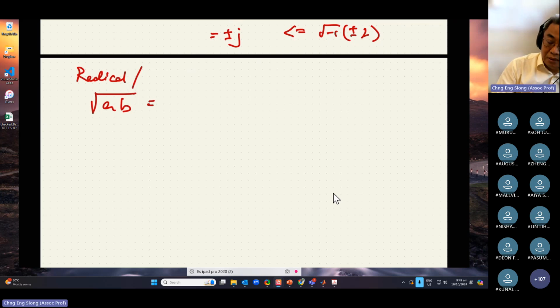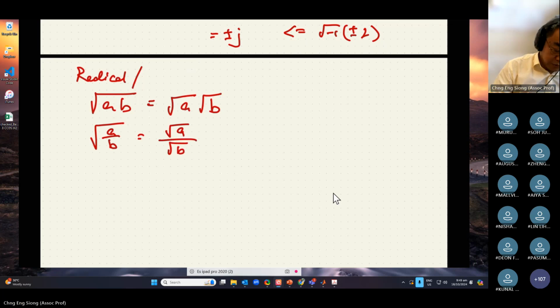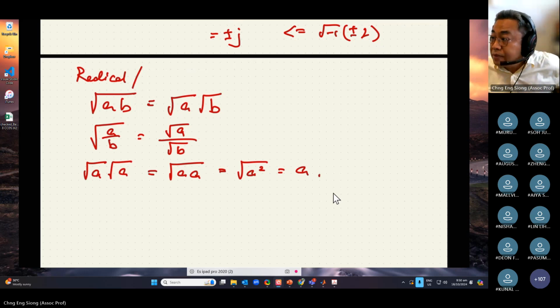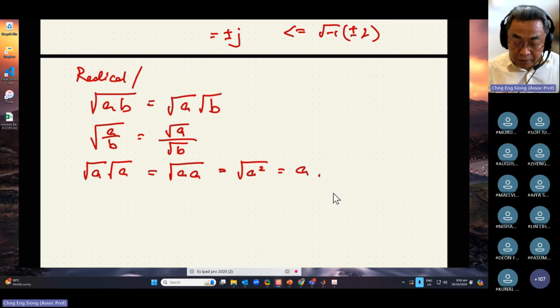Square root of A times square root of B. Square root of A over B is square root of A over square root of B. Square root of A squared is A. So you need to revise all this because we're going to play with a lot of complex numbers.